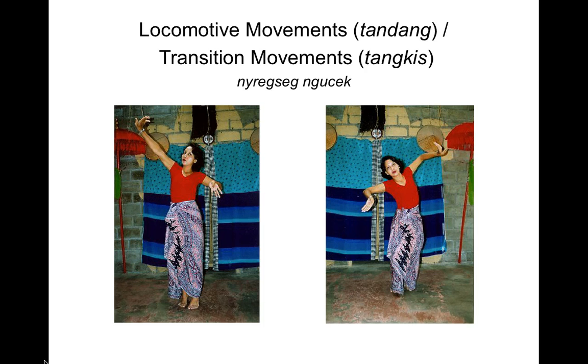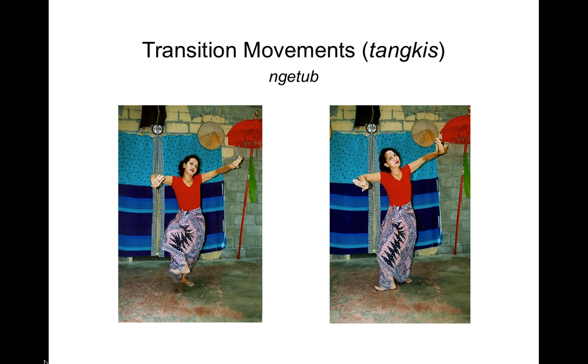And as she moves across the stage as she does this, she's then going to shuffle her feet. And this shuffling of the feet is known as nrekseg. And then so we've got a locomotive movement. So we're going from stationary movements through locomotive movements to a stationary movement. And then they would add on another transition movement, which is called ngatab at the end of nrekseg.